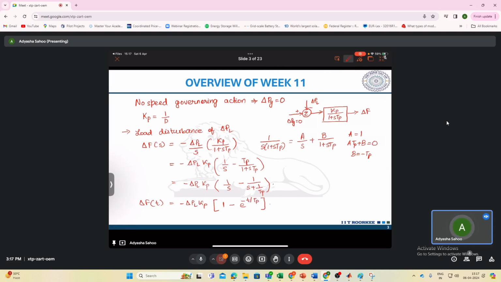This can be written in two parts, that is steady state and transient part. For steady state, we can put t as infinity, then you will get delta f steady state as minus delta PL Kp.